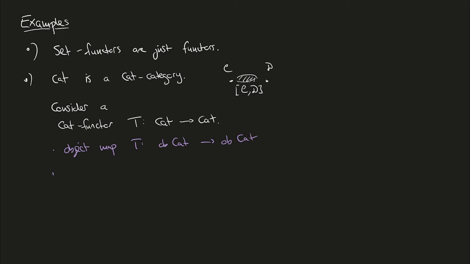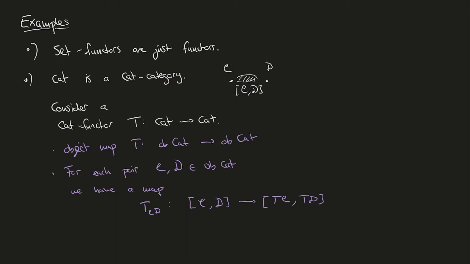Second, for each pair of objects in cat, so these are categories C and D, which are objects in cat, we have a map, this is TCD, going from the functor category between C and D to the functor category between their images, so that's TC and TD.